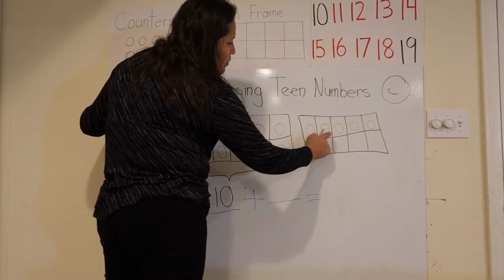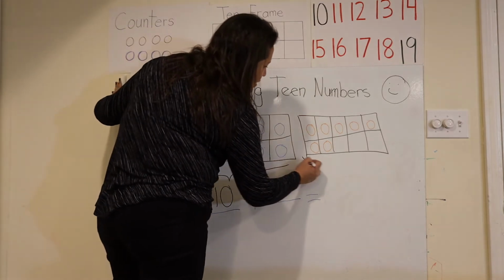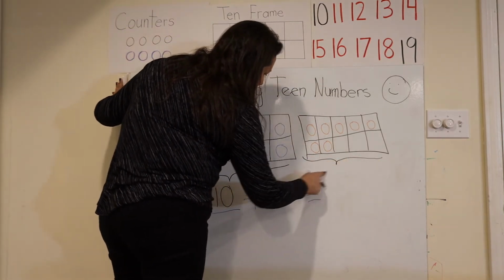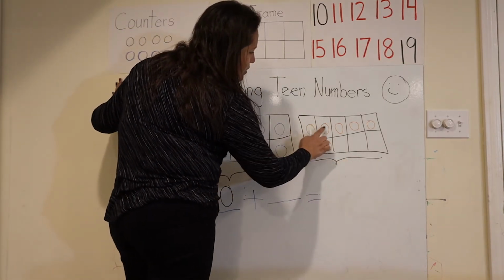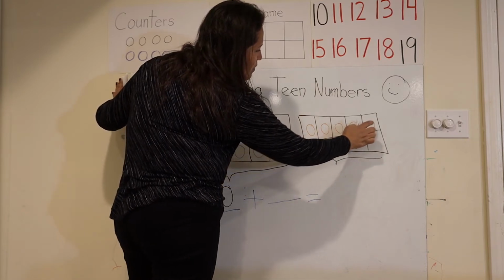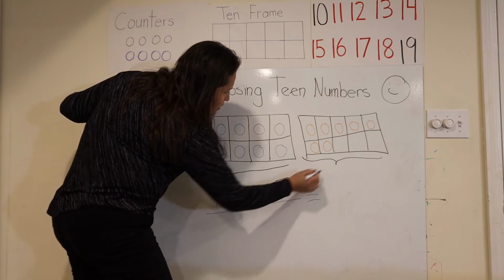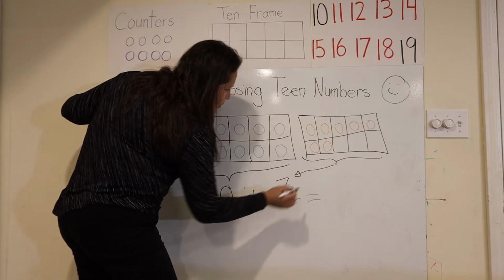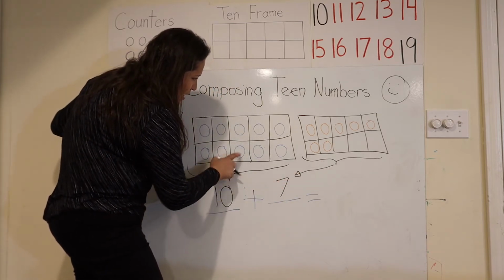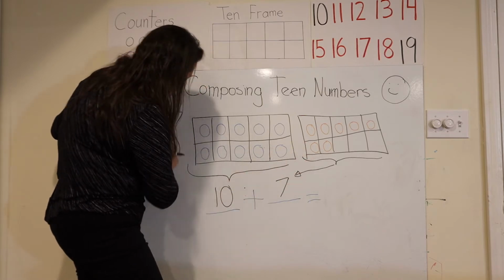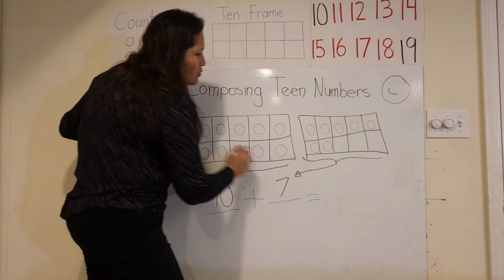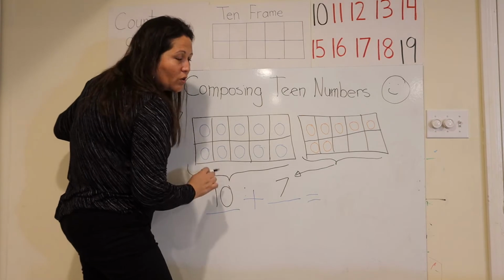Now, how many do we have here? So this much is going to go here, right? 1, 2, 3, 4, 5, 6, 7. 7. So this is going to be here. And now, this frame plus this frame has to give us this number. That's when you count them all, right?